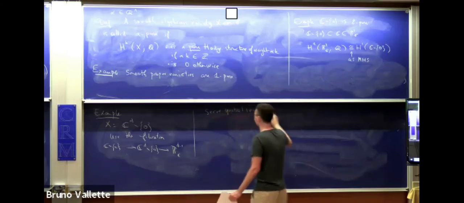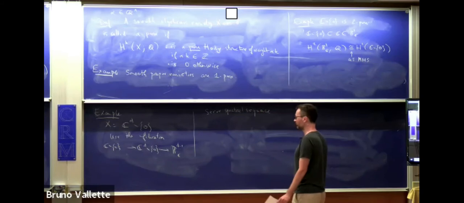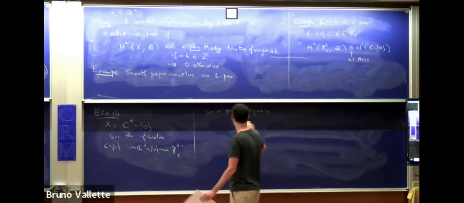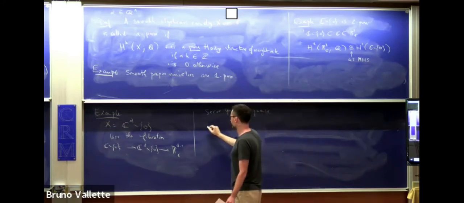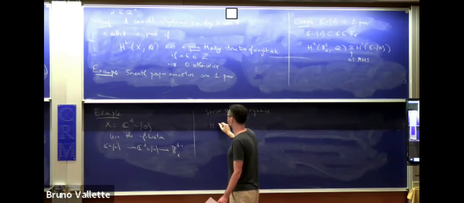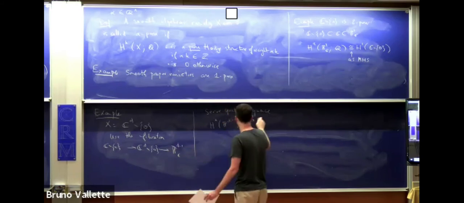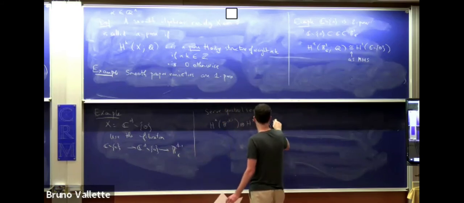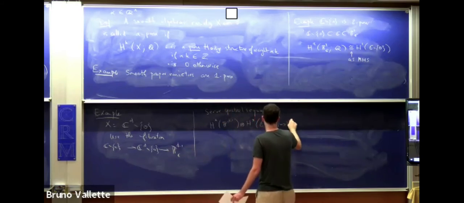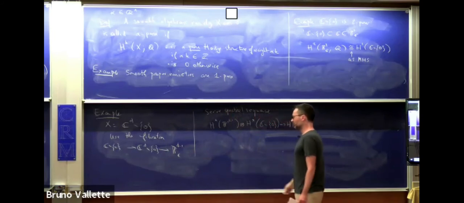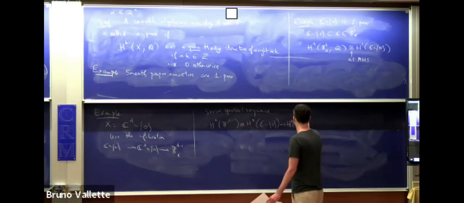Again, you can show that the Serre spectral sequence will be compatible with the mixed Hodge structures. So you have a spectral sequence whose E2 page is the cohomology of the base tensor the cohomology of the fiber, and it converges to the cohomology of the total space.